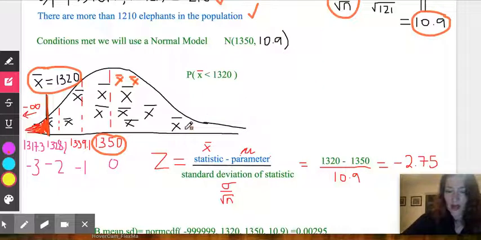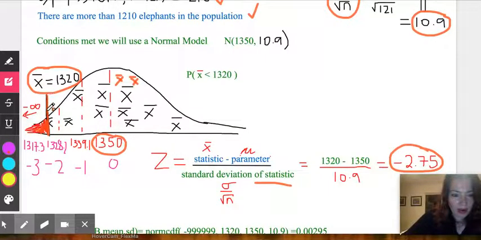All right, using our z-score, we want to know where we are on the curve. So our z-score is our statistic, X bar, minus the mean of the parameter, over the standard deviation of our statistic. Calculating this, we get negative 2.75, which makes sense because on our model, which is why it's important to draw our model, this double checks your work.